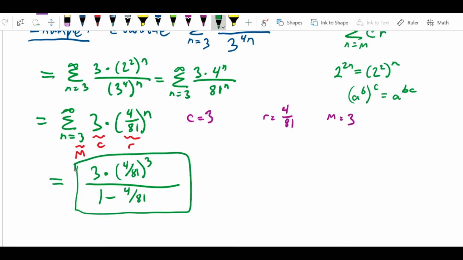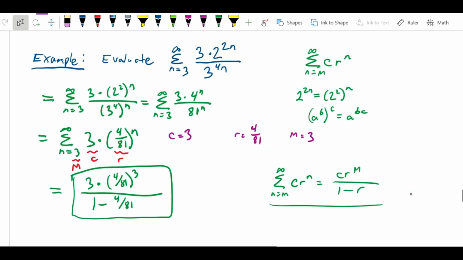But if you want to, convince yourself that the sum from n equals m to infinity of c r to the n is equal to c r to the m over 1 minus r. You can convince yourself that that has been correctly applied here. So let's show that whole problem.